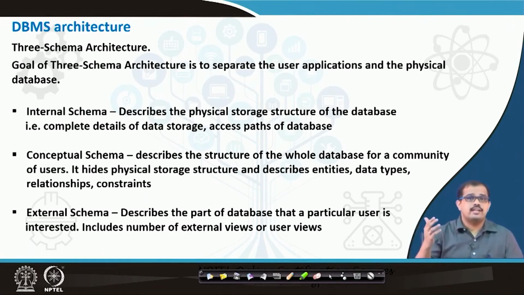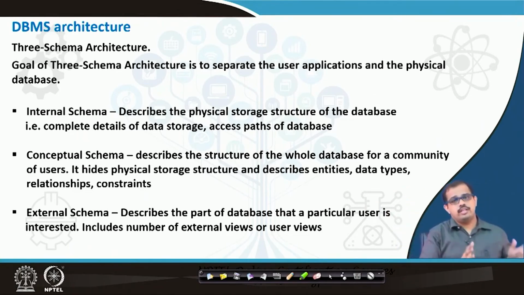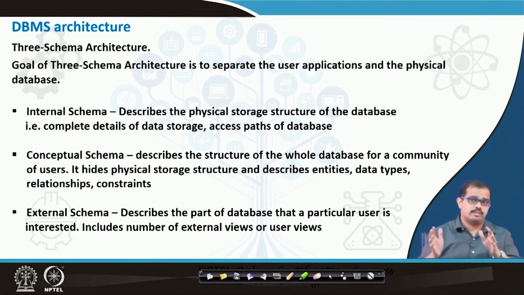That is nothing but your conceptual schema, where you don't know how the physical storage has been done, but you only know what data is available, how you access it, what the querying mechanisms are, and how you use such data. Then the third one is the external schema.